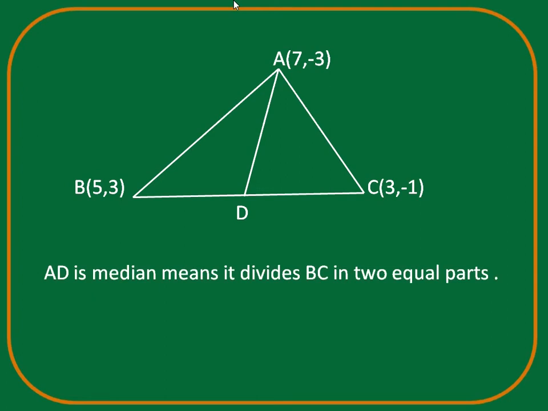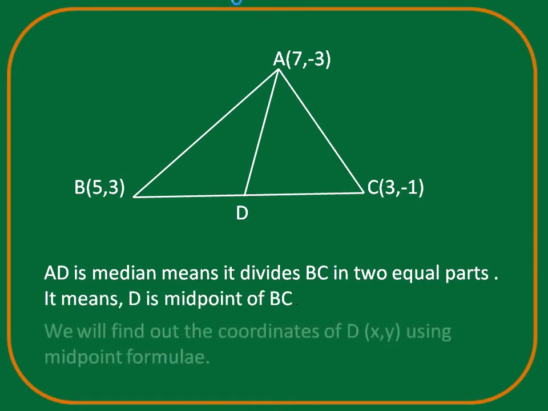It means it divides the side BC into two equal parts, meaning BD is equal to DC. It means D is the midpoint of BC. We will find the coordinates of D using the midpoint formula. So let us say the coordinates of D are x comma y.